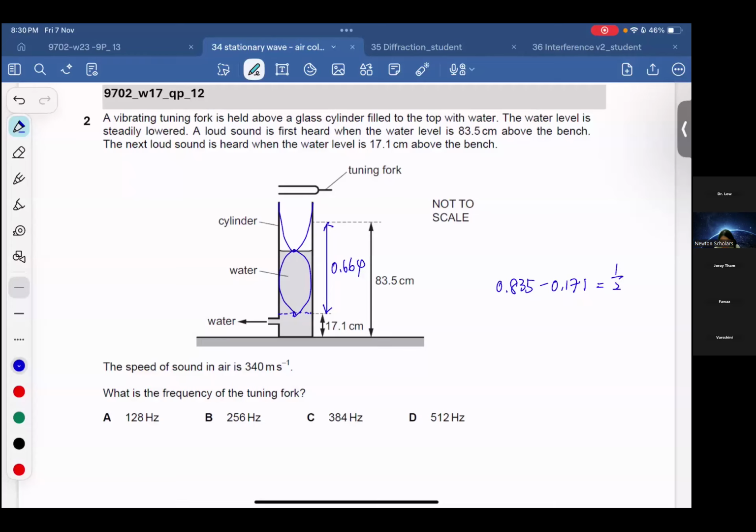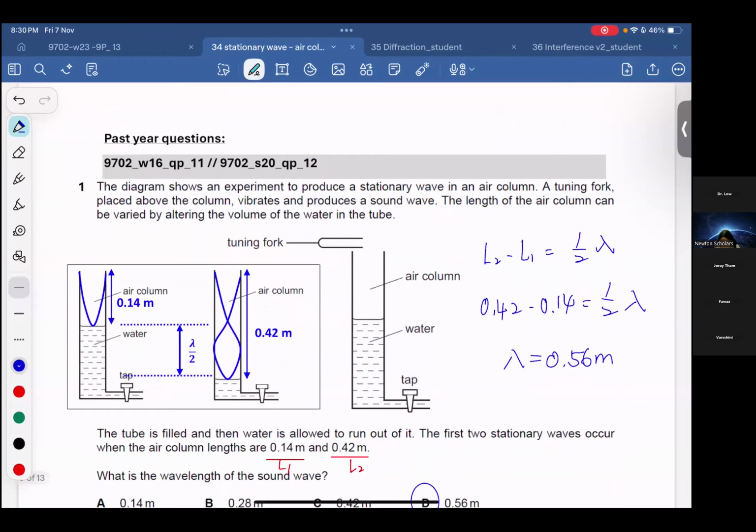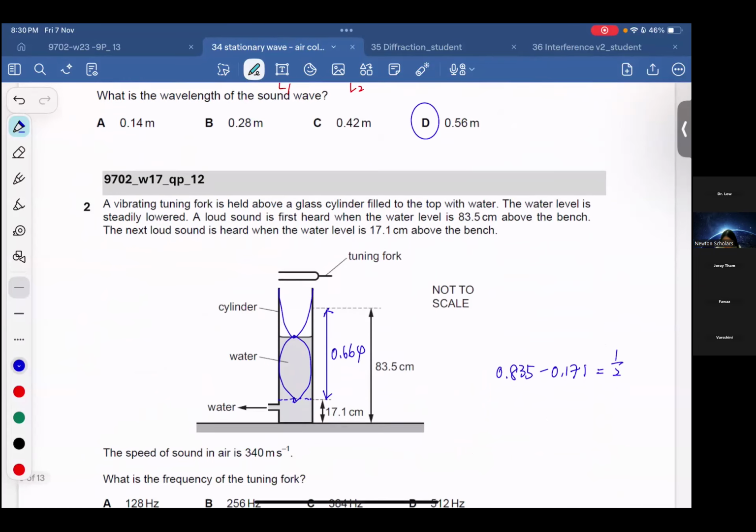Speed of sound. Let me think. What is my mistake for my diagram? It should be same as here. Am I right? Yeah. Wait, is it something wrong?